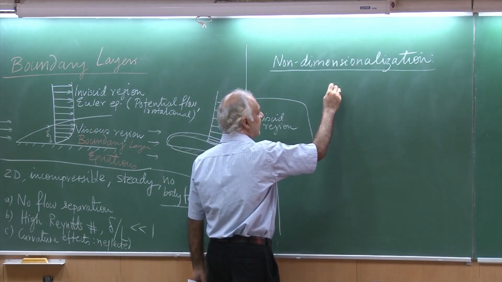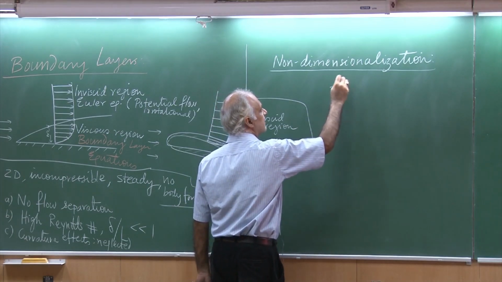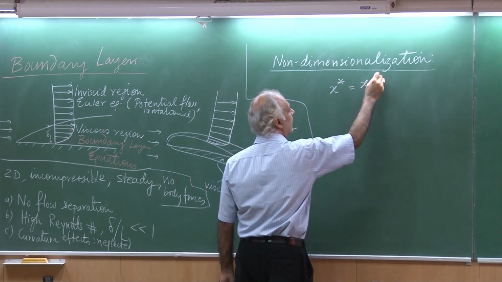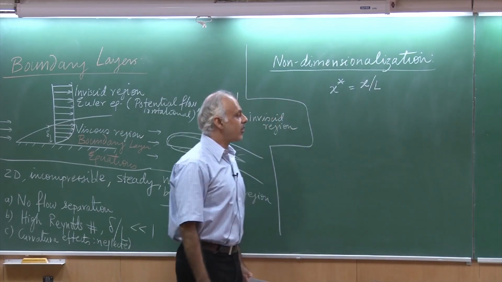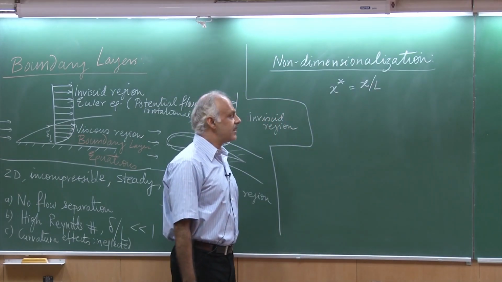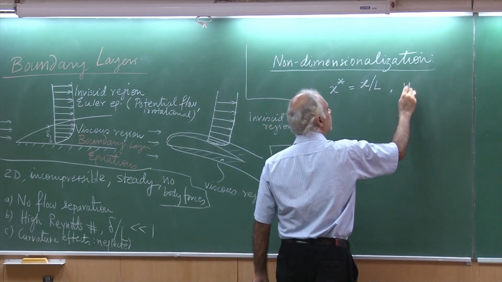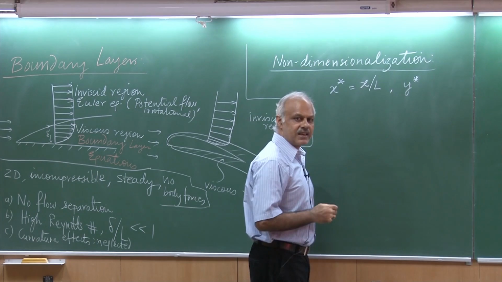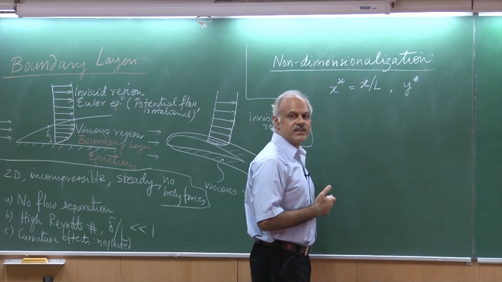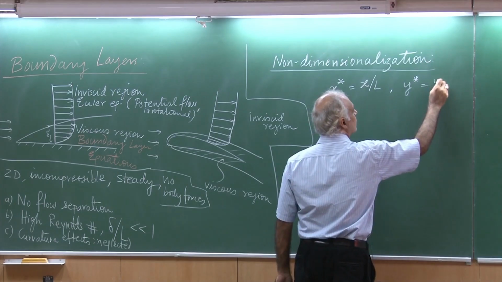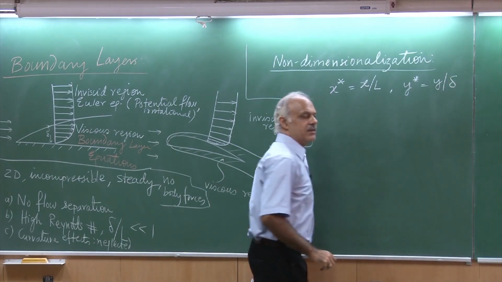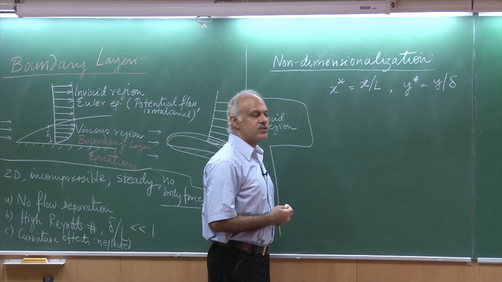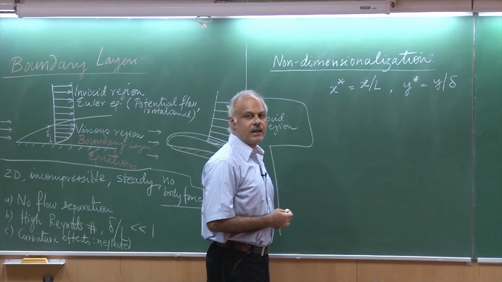So we are going to say that x star is the non-dimensional x coordinate, and that is given by x non-dimensionalized with a characteristic length of L. Y star, because we are inside the boundary layer, L may not be the correct characteristic length, it actually is the boundary layer thickness. So this would be given as y divided by delta. And we already know that delta is expected to be much smaller than capital L.